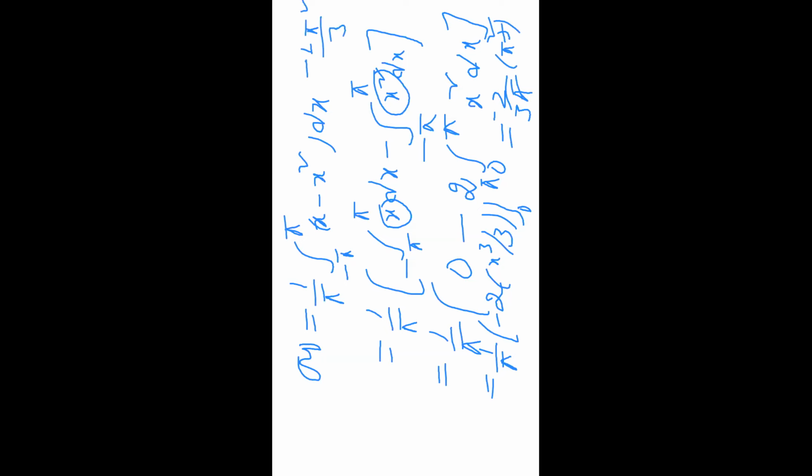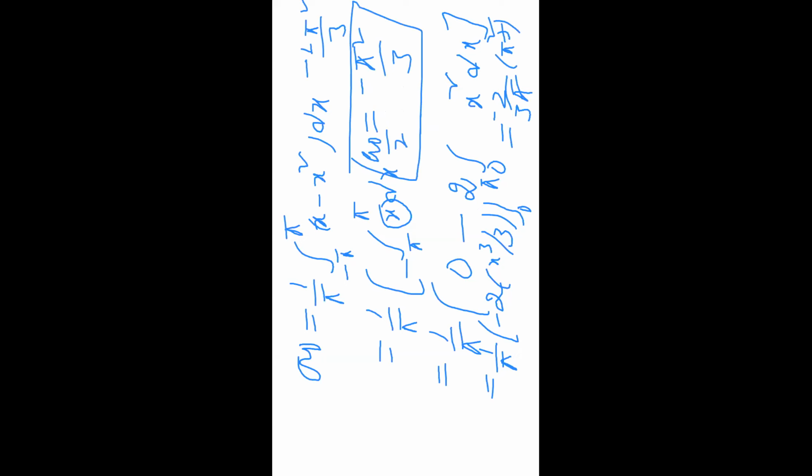This is called a naught. We have to find a naught by 2, so dividing 2 on both sides, minus pi square by 3 is the a naught by 2 value. So first value: a naught by 2 equals minus pi square by 3.